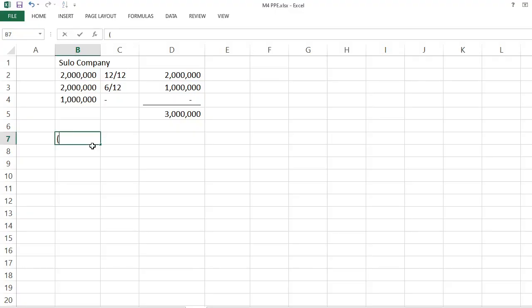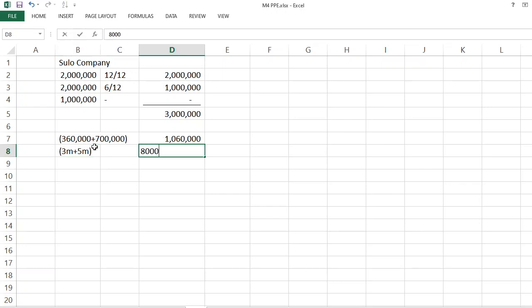According to the standards, still, we're going to compute for the average. So, we have 360,000 plus 700,000 nga mga interest, and divide it by your principal, and your principal is 3 million plus 5 million, that would be 8 million in total. So how much would be our interest rate?